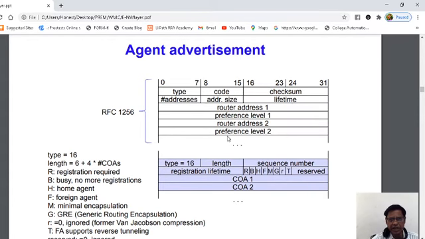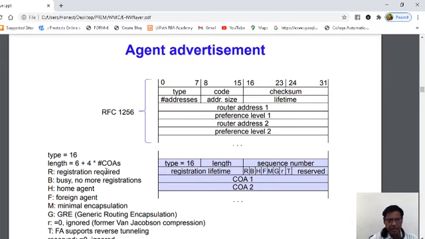Here you can see the bit ranges 0 to 7, 8 to 15, 16 to 23, 24 to 31. The fields are classified into three parts: type, code, and checksum. Type says what type of message it is, code explains the code and size, and the checksum covers the lifetime.